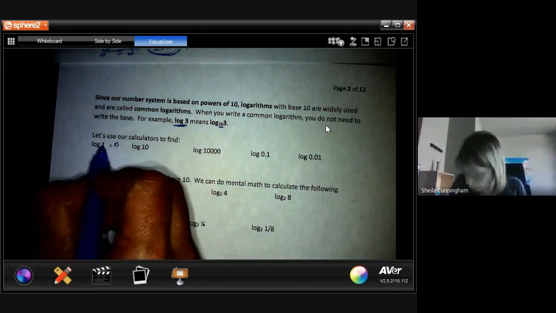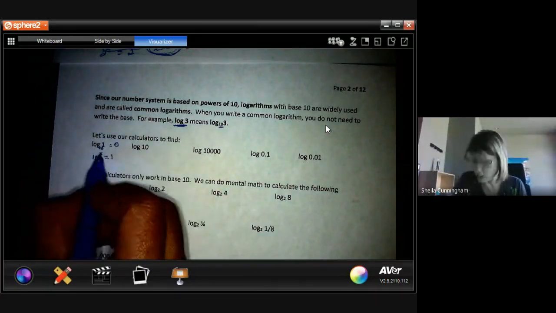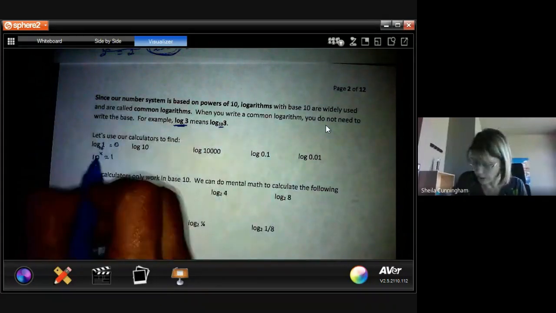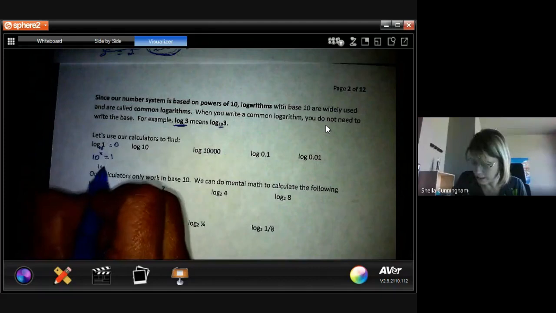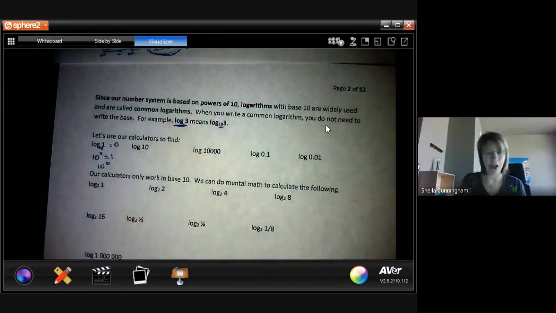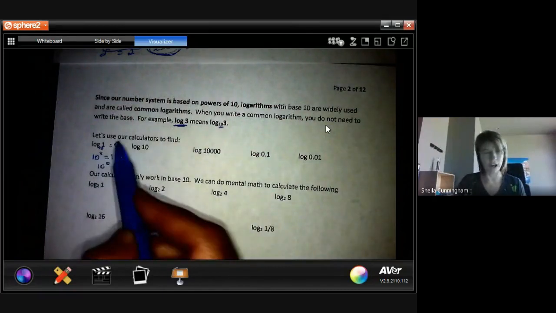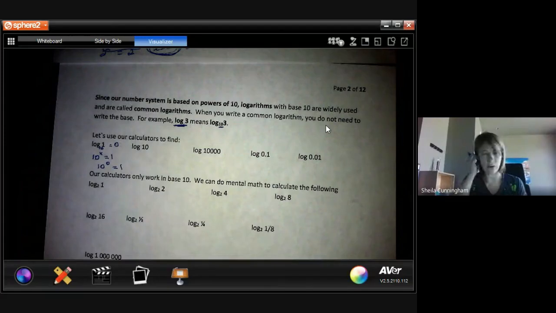Well, 10 to what power equals 1? Knowing what we know, any number to the power of 0 is always going to give us 1, right? So that's why our log of 1 is actually coming out to 0.